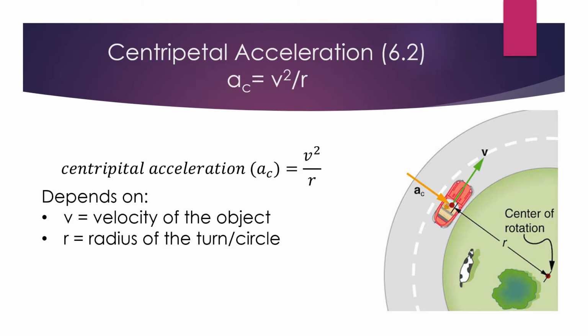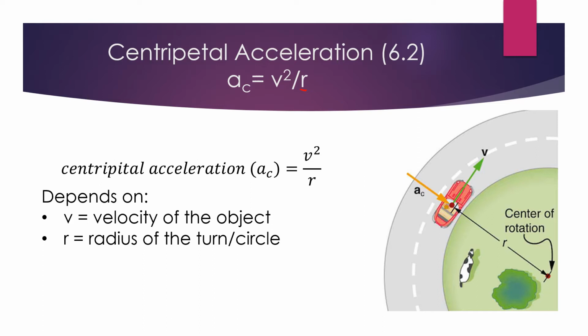To solve for centripetal acceleration, we have a different equation than we do for linear acceleration. With linear acceleration, we used velocity and time to figure it out. With centripetal acceleration, we're using velocity still, but we're using the radius of the circle as well. So our equation is a_c, c for centripetal, is equal to v squared divided by r.